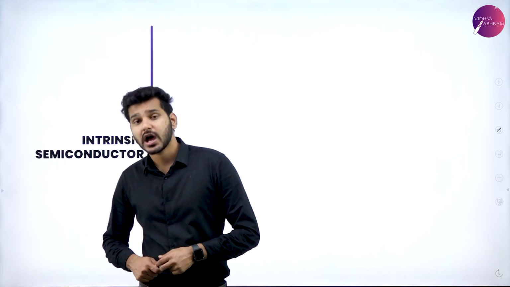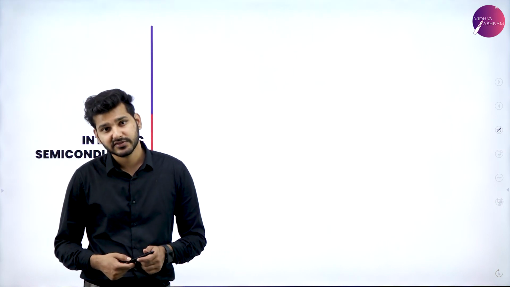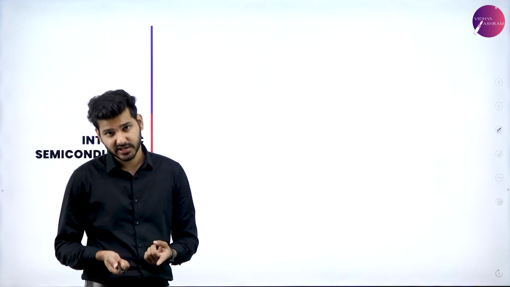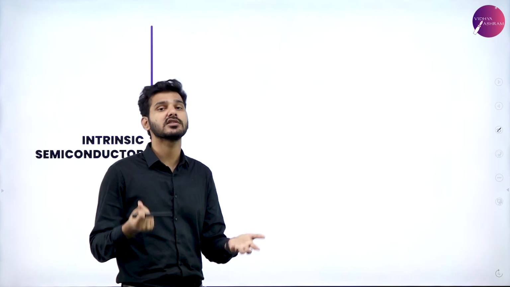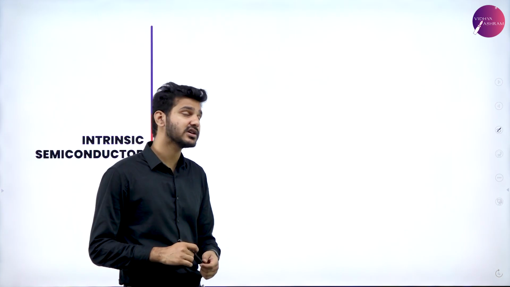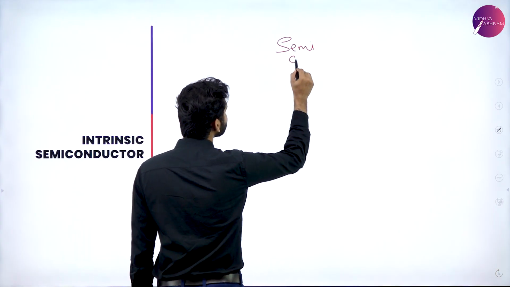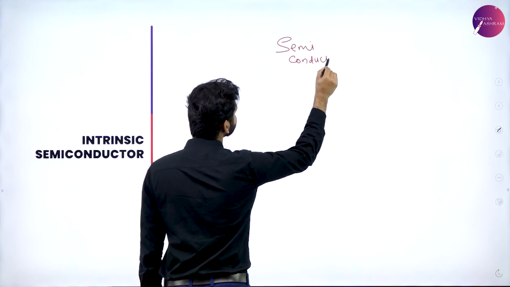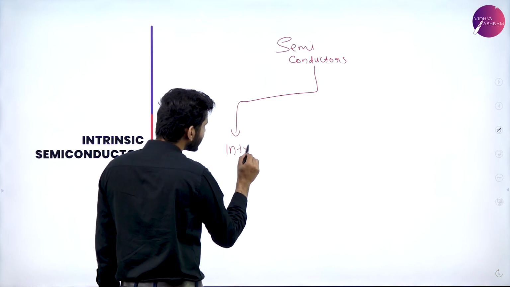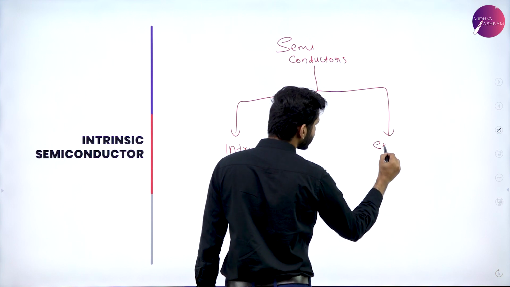Now, since we have seen how we can classify conductors, semiconductors and insulators based on conductivity, we also have to study what semiconductors actually are. We know semiconductors in terms of conductivity, but you also have to understand that semiconductors can be further classified into intrinsic semiconductors and extrinsic semiconductors.